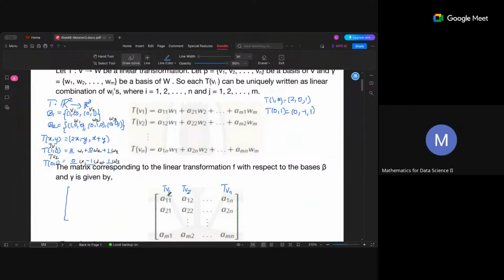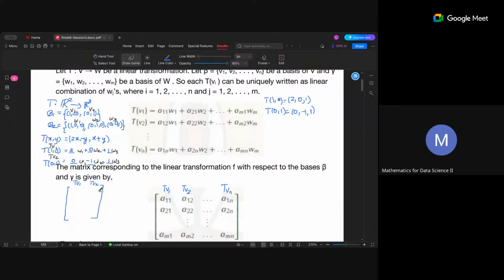Remember, this is the first recommendation whenever I am teaching the matrix representation of a transformation. This is the first suggestion I tell, always, even if it is a very simple problem: first write TV1, TV2 like this on the top, so that you don't make the mistake of writing the columns as rows.